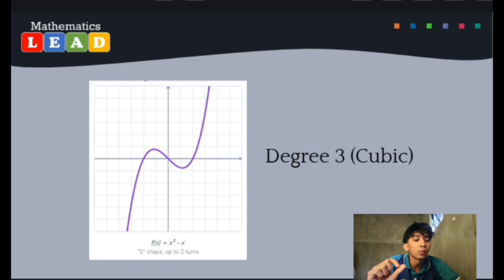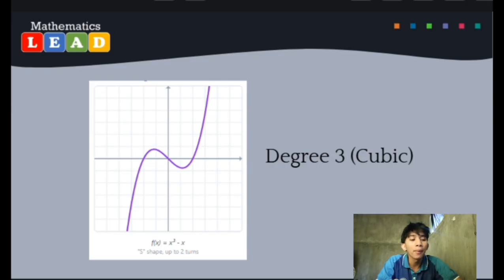The wiggle in the curve happens because the different terms fight each other. In x cubed minus x, x cubed pushes up very fast, but near the center the negative x pulls it down, creating a hill and a valley. Turning points: the maximum number is 2.